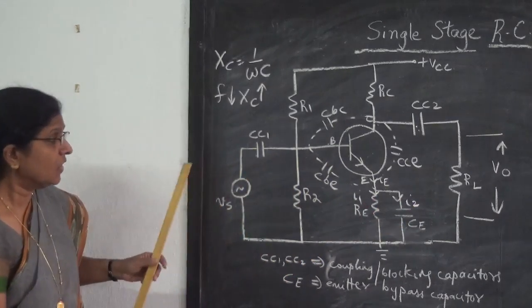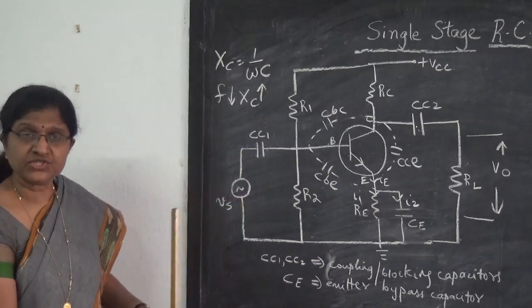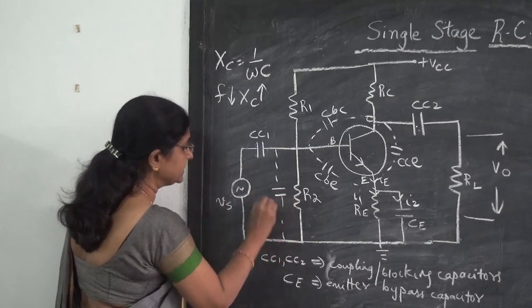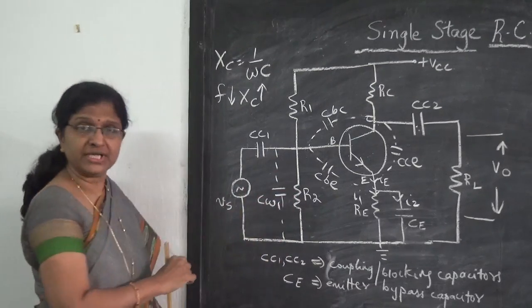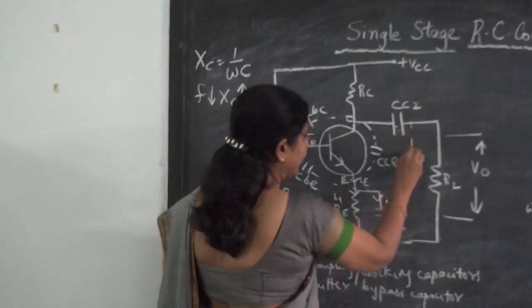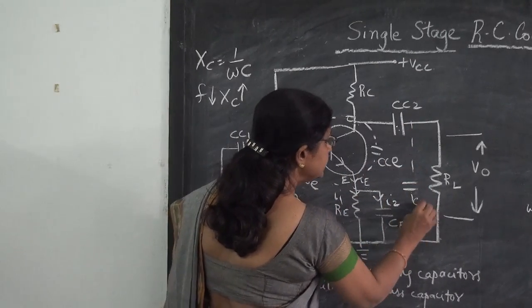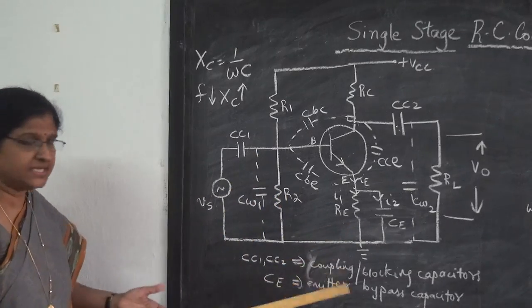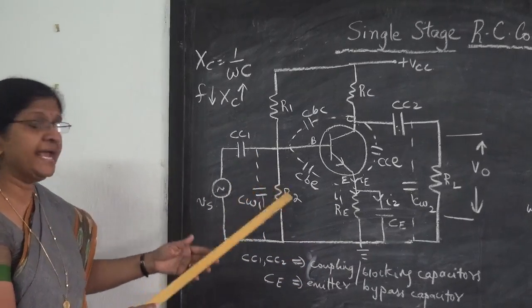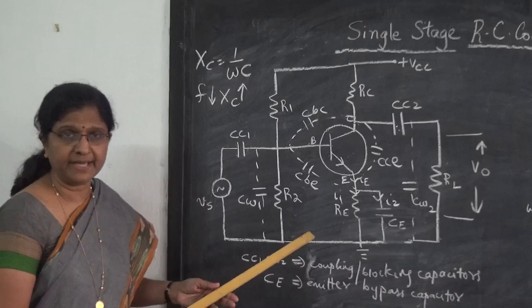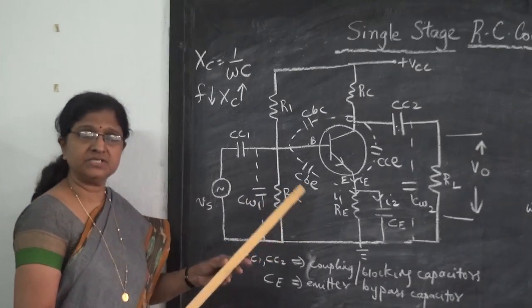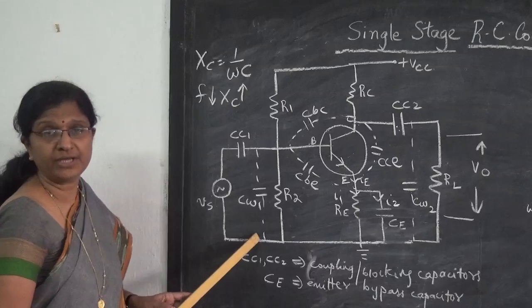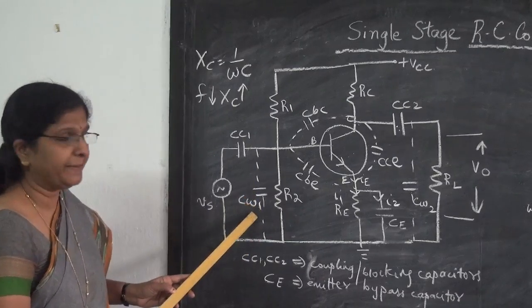Besides that, all the connecting wires at extremely high frequencies form what is called a wiring capacitor. At the input side we have CW1, at the output side we have CW2. These are connecting wires separated by air as a dielectric, so they behave like a capacitor. Under normal frequencies, they don't play any part, but at extremely high frequencies, they form a capacitor.